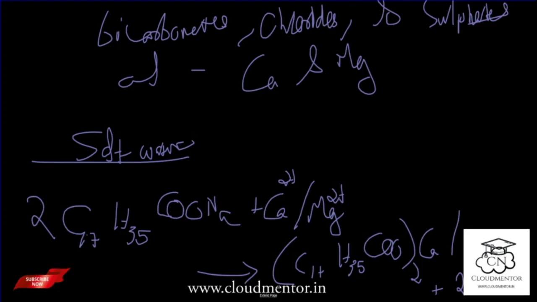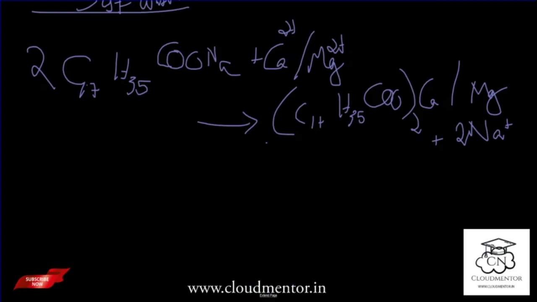The temporary hardness can be removed by simply boiling and by Clark's process, and the permanent hardness can be removed by treatment with sodium carbonate, using Calgon process, and using permutit or ion exchange method, ion exchange resins, and so many methods. So let's look at that.